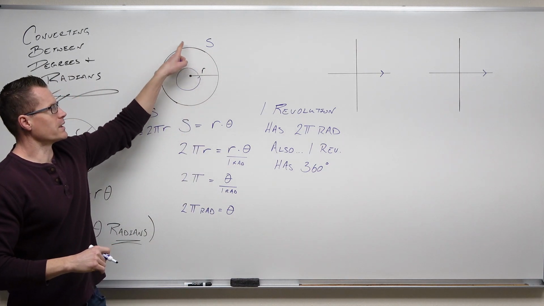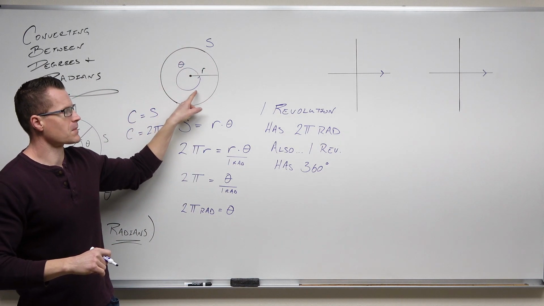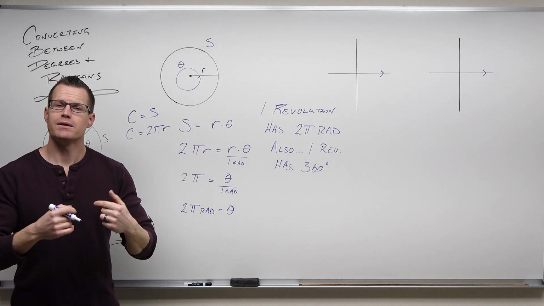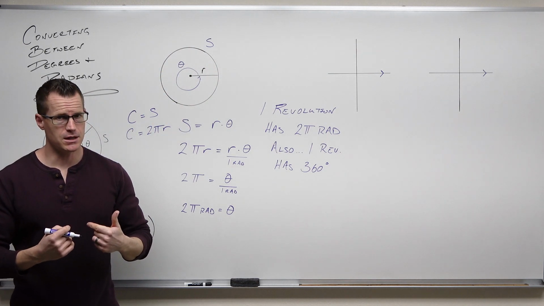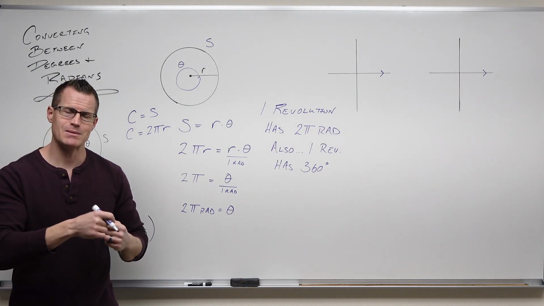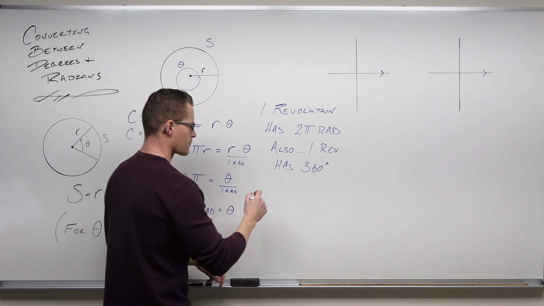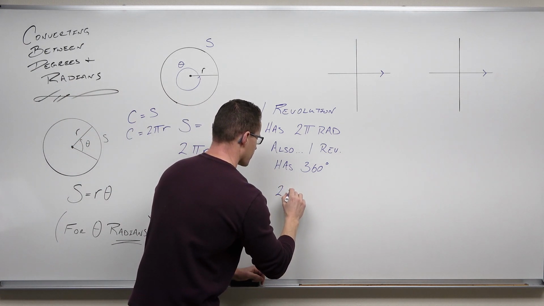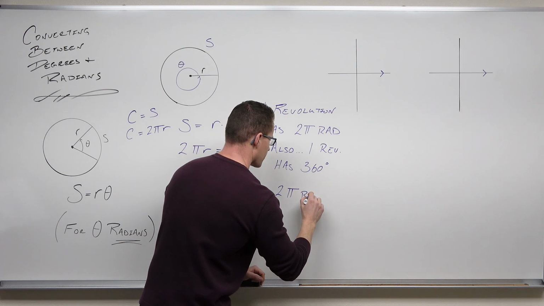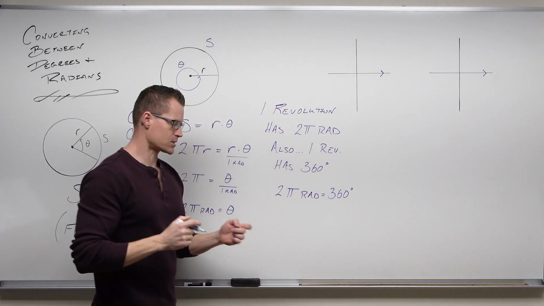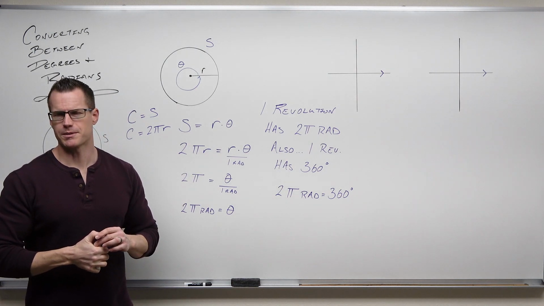If one full revolution is 2 pi radians and one full revolution is 360 degrees, then those two things have to be equal. They both represent the same exact measurement of an angle that has the circumference of a circle. I hope that makes sense to you.